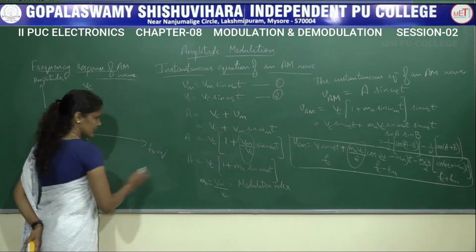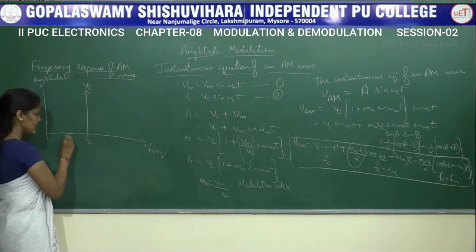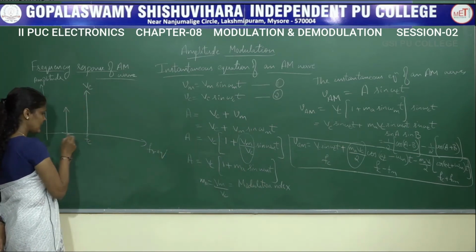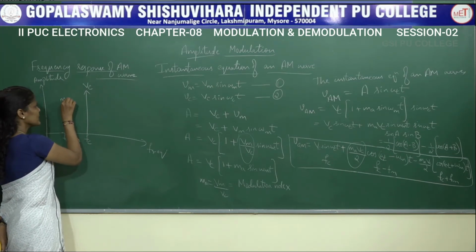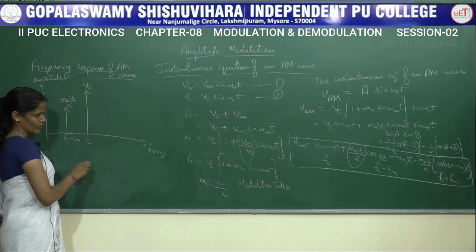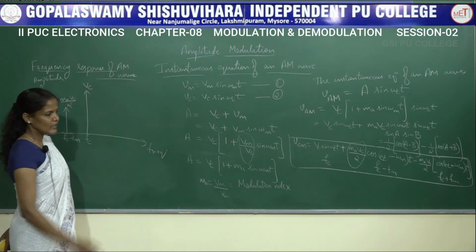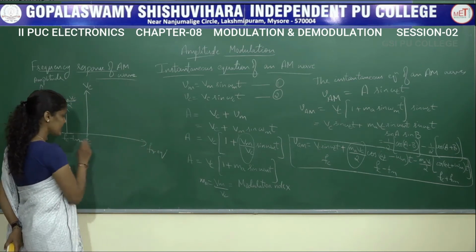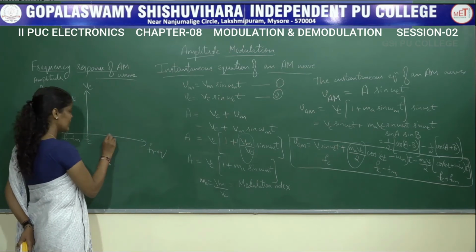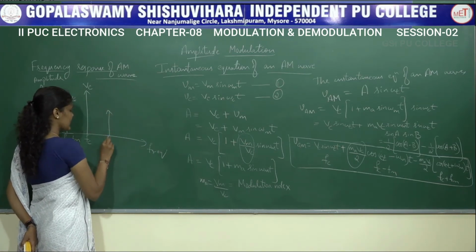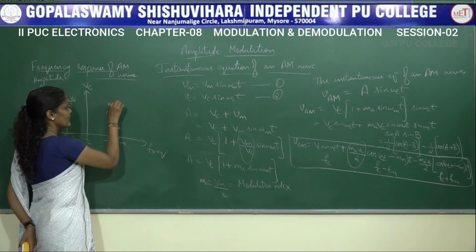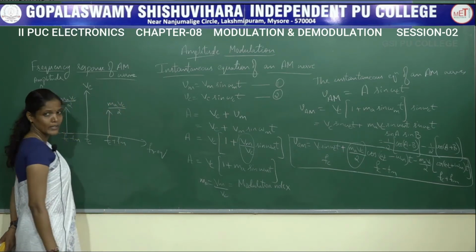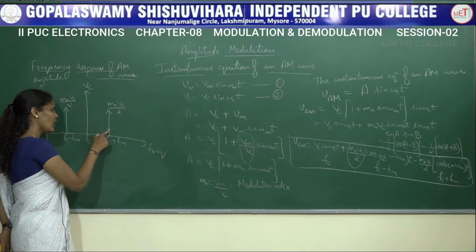That will be plotted at the frequency fc minus fm, which comes to the left side, with amplitude ma into Vc by 2. The last component has frequency fc plus fm, which comes to the right of this, with amplitude ma into Vc by 2. So I have three different components.